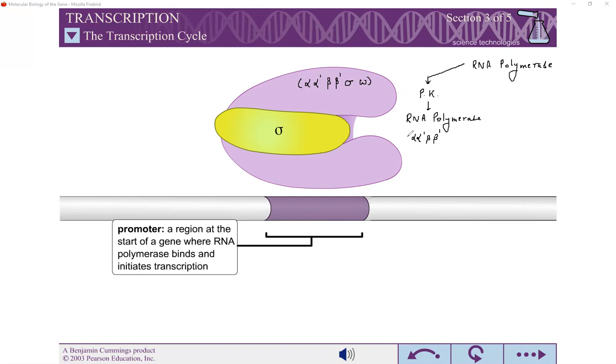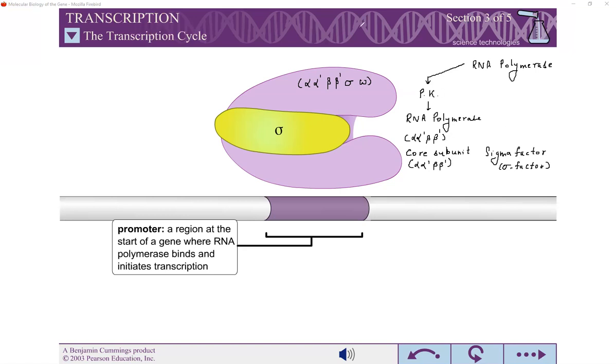This is referred to as the core subunit, and another factor that is present is referred to as the sigma factor. Here I'm writing alpha, alpha dash, beta, beta dash.